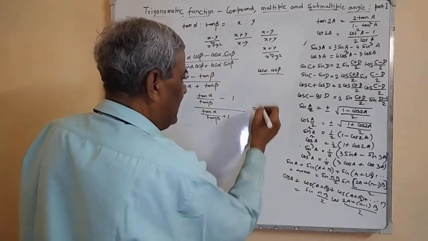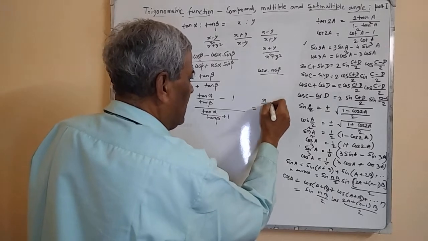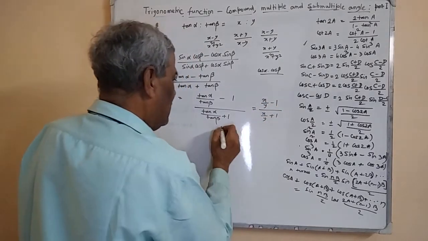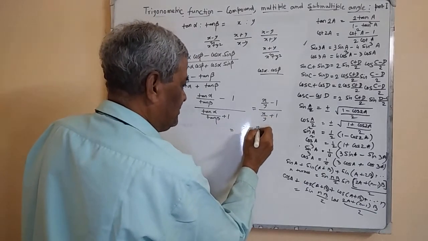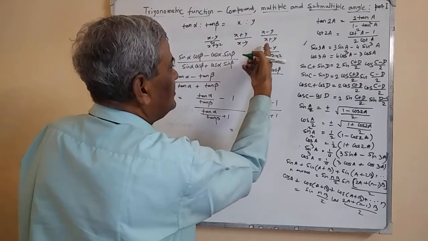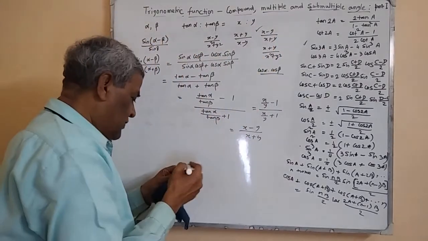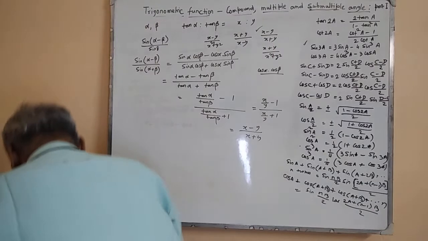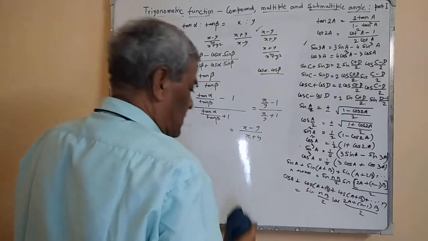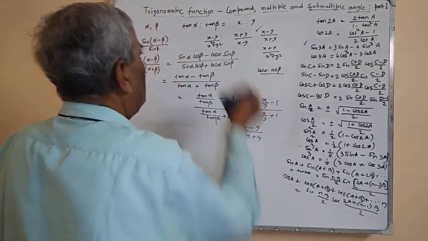Tan alpha by tan beta is x by y, so it is x by y minus 1 by x by y plus 1. So this third option is correct. So, next problem.